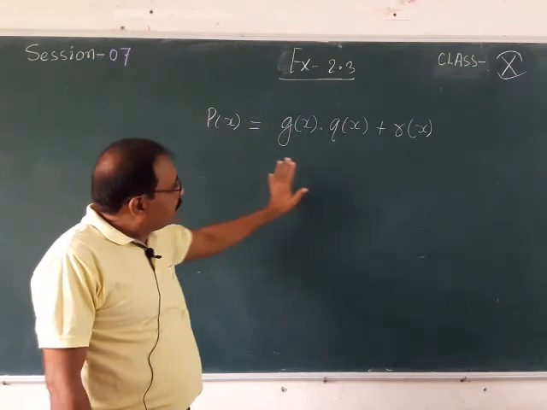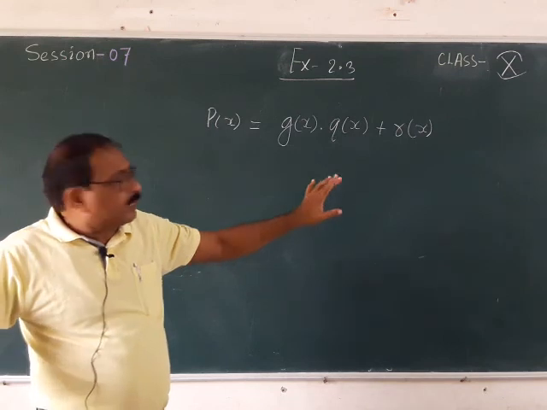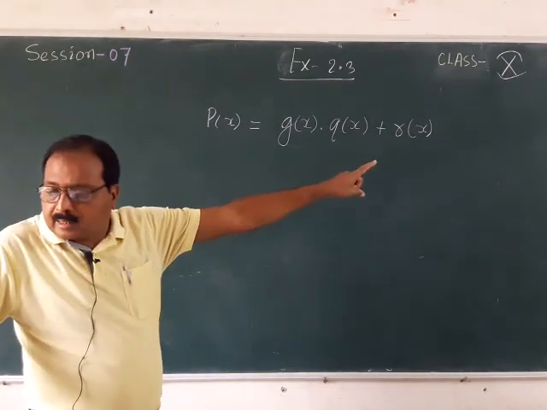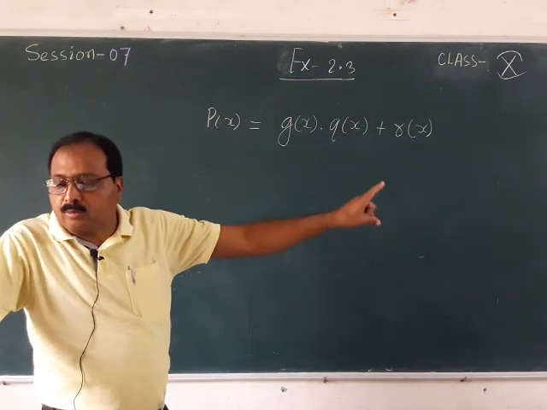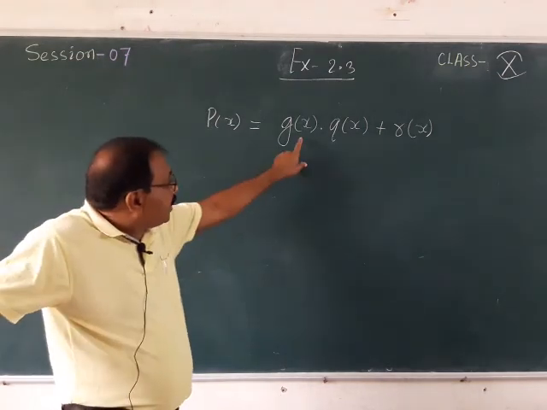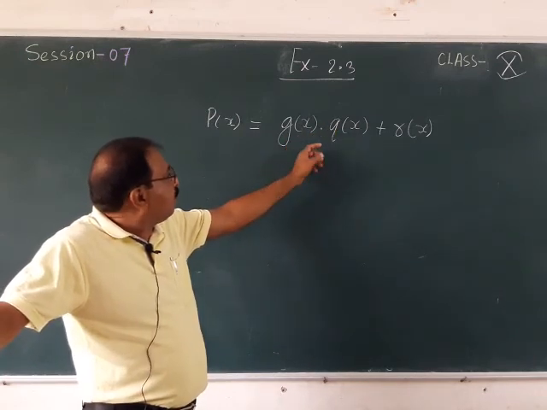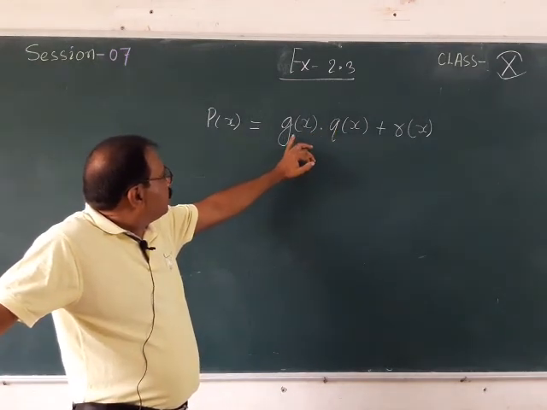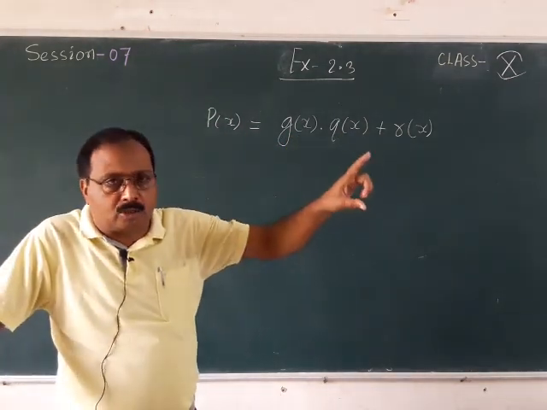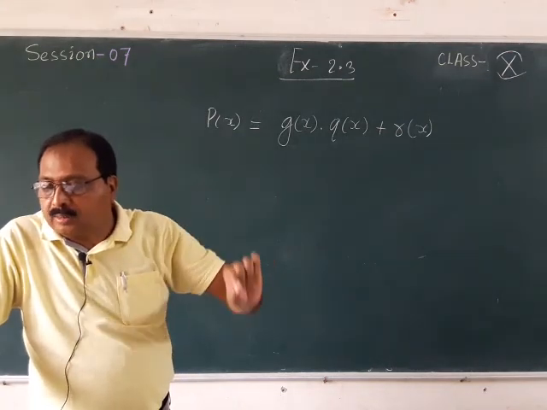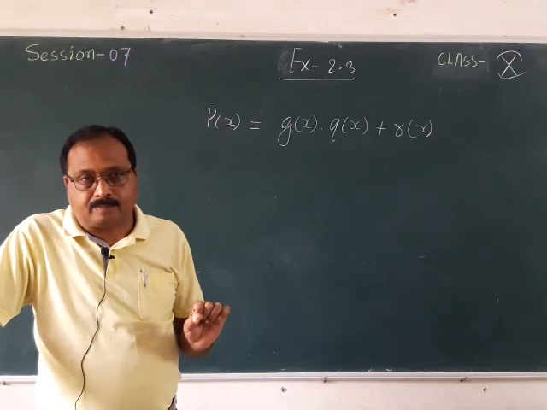This fact is there, and in this one thing is very clear: if r(x) is equal to 0, that means if the remainder is 0, then g(x) is a factor of p(x).